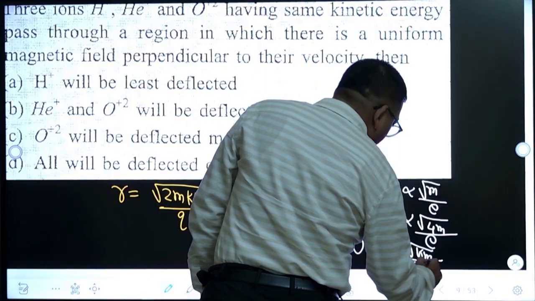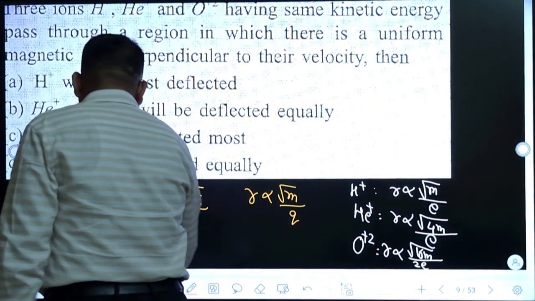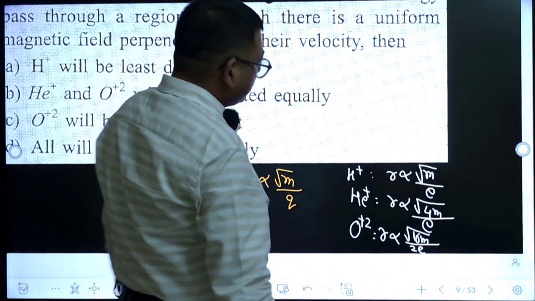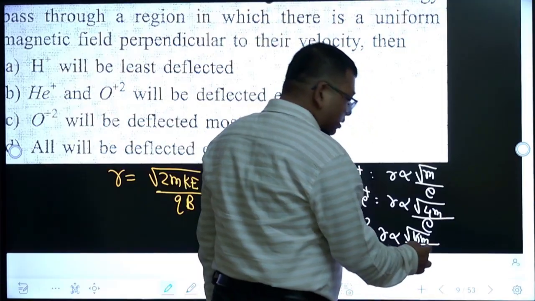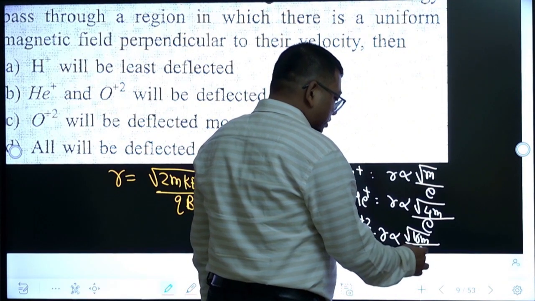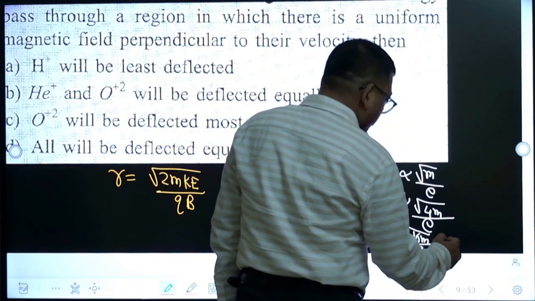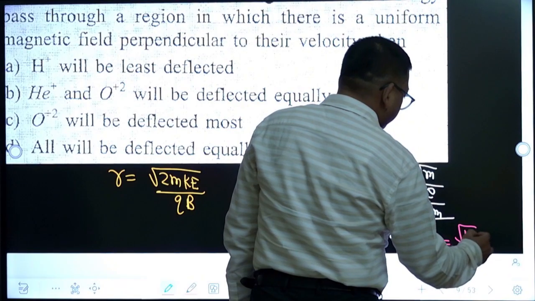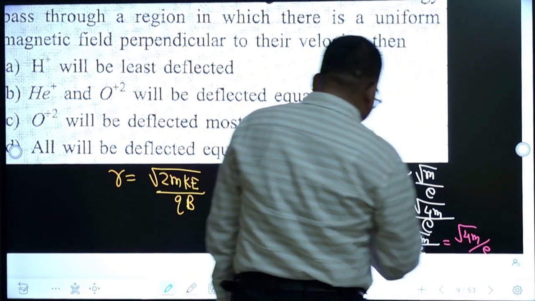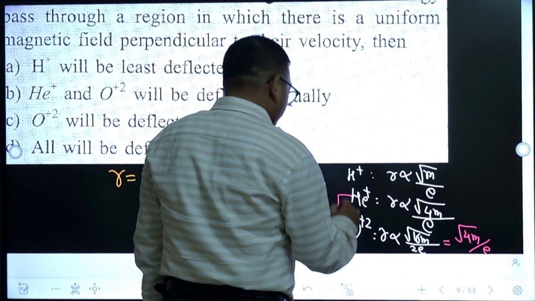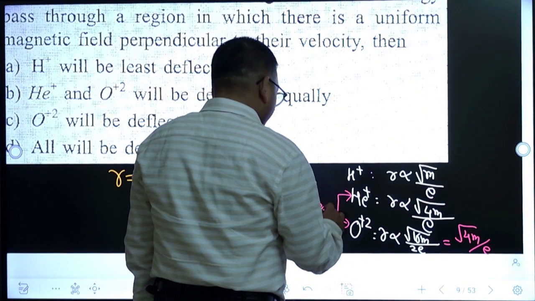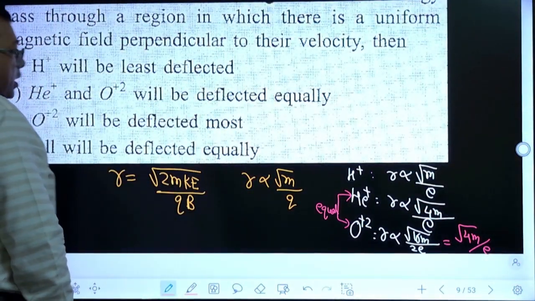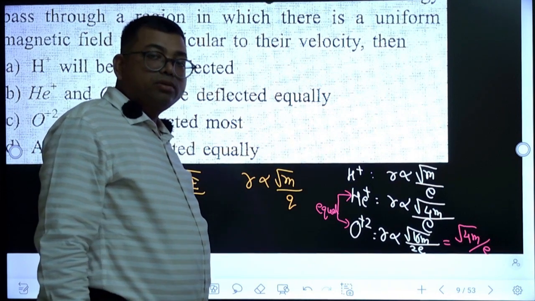So if you see here, 2 squared inside will become 4, and 16 by 4 will give 4. So this is also going to give us root under 4m by e. That means these two radii are equal, and definitely they are larger than that of hydrogen plus.